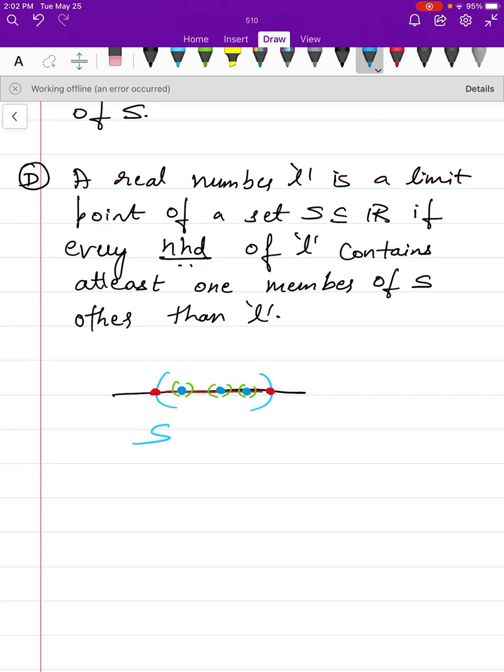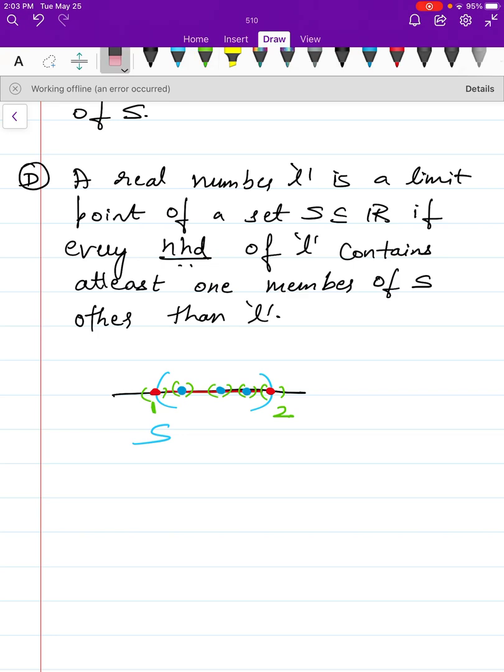But what about the border points, which are not inside? Even there, however small an open interval including that point, you will include at least one point of S other than the endpoints. So if these endpoints are 1 and 2, they are not part of the set S, but still they are limit points of the set S.